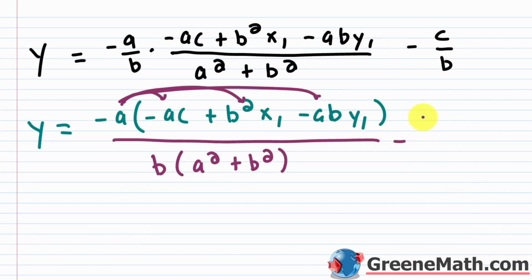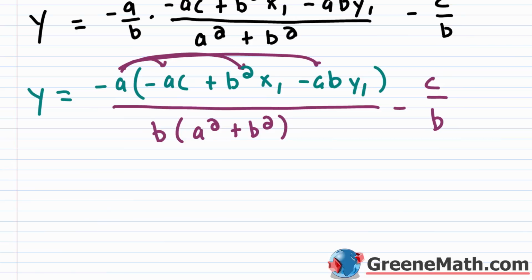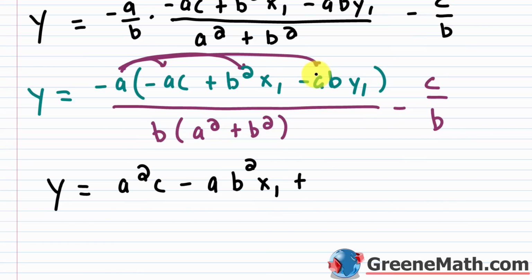So then minus, you have c over b, and I'll say this is y is equal to negative a times negative ac, that's positive a squared c. And then negative times positive is negative. A times b squared x sub 1 would be a b squared x sub 1. And then negative times negative is positive. A times a is a squared. And then basically you just have b y sub 1.